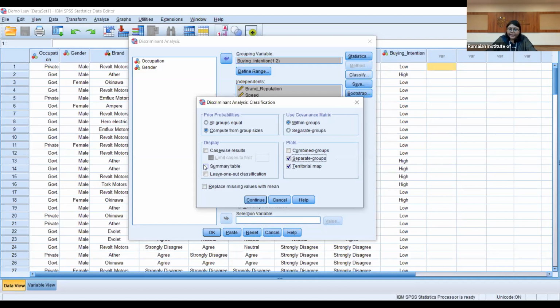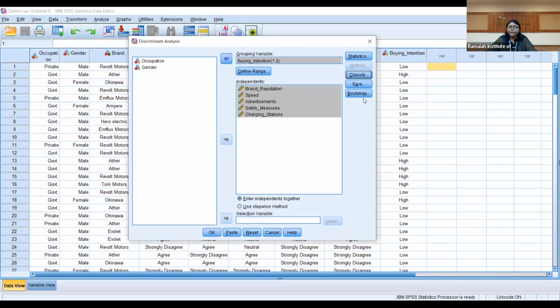If you want a summary table of the discriminant analysis, you can go ahead with the summary table. And this leave-one-out classification, I'll show you what it is. We do not have a missing value, so we did not click on replacing the missing values with mean. That means if any values are missing, they will be replaced by the mean if you click on this. Now, with this, we click on continue.